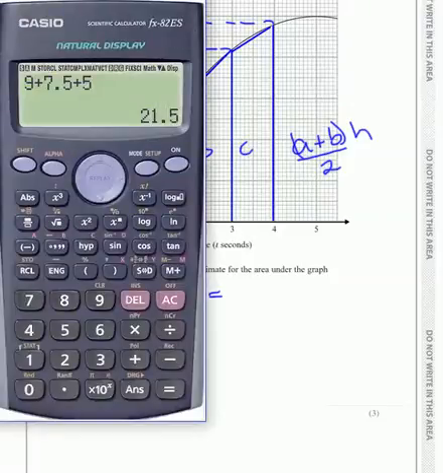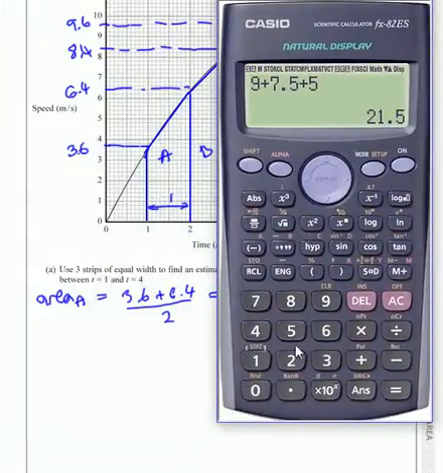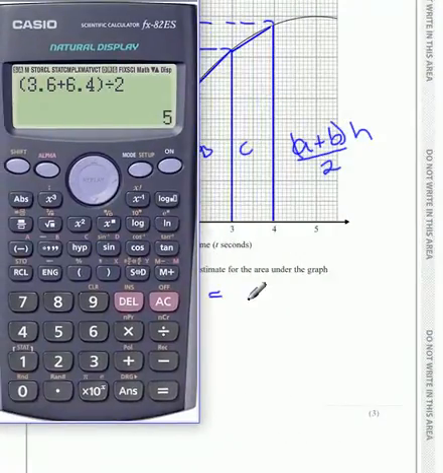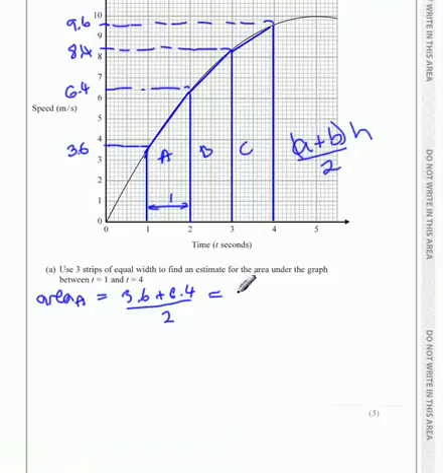So we can work that out. We can use our calculator. We're going to do 3.6 plus 6.4, and then divide that all by 2, like that on our calculator, and we can see that that gives us 5. So this value here equals 5.